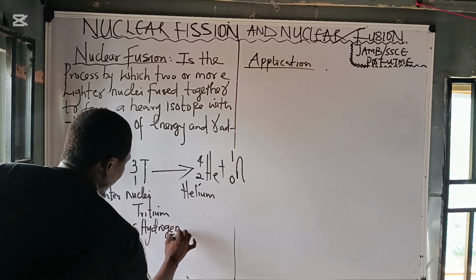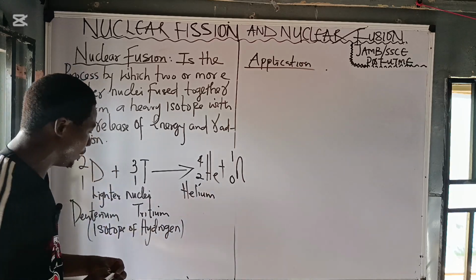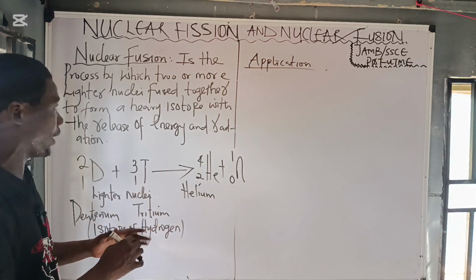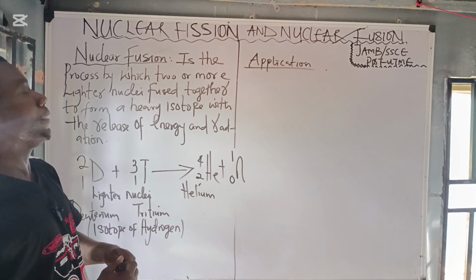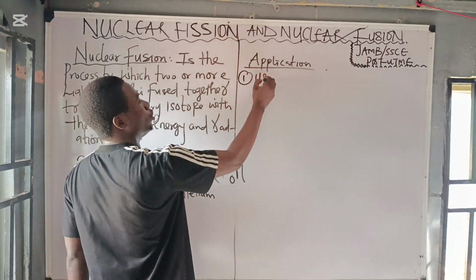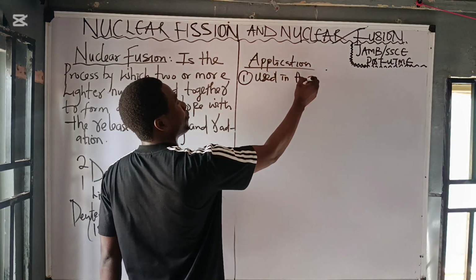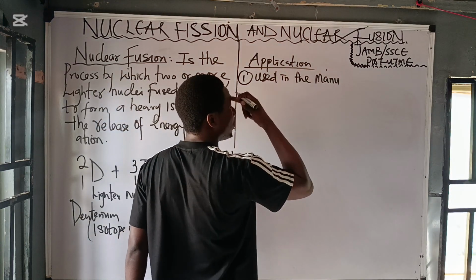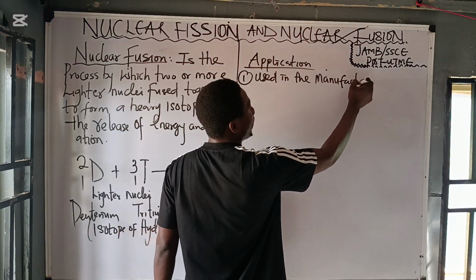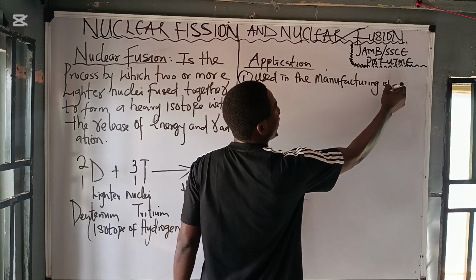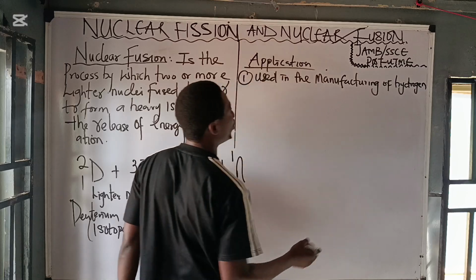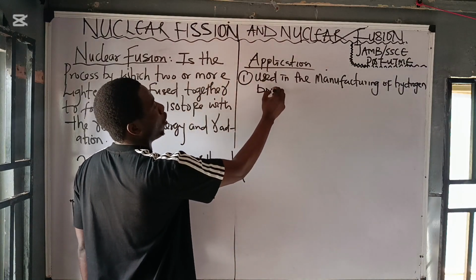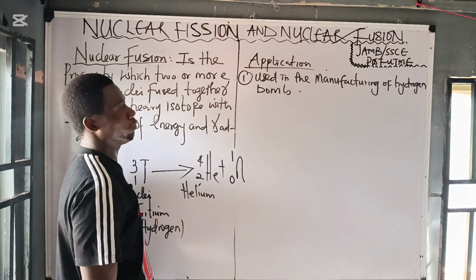So two isotopes of hydrogen join together to form helium plus neutron. Now, the application is this. Number 1, used in the manufacturing of hydrogen bomb. Very important.